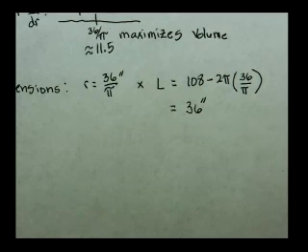Okay, so when it says maximize volume, your primary equation would be the volume of whatever it is. Always. And if it was an area, your primary equation would be the area. Always. Whatever you're trying to maximize or minimize, that's always your primary equation, and it's always your primary equation that you're going to end up differentiating.